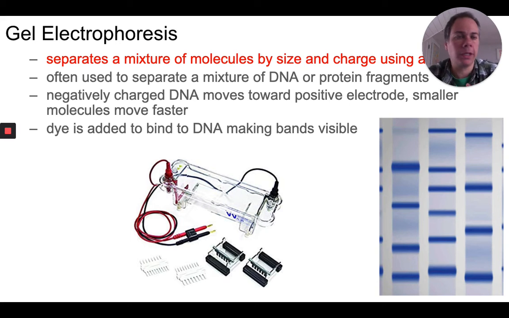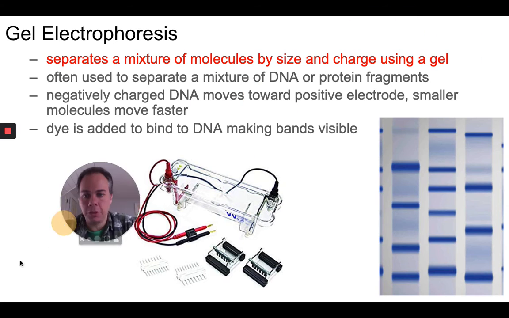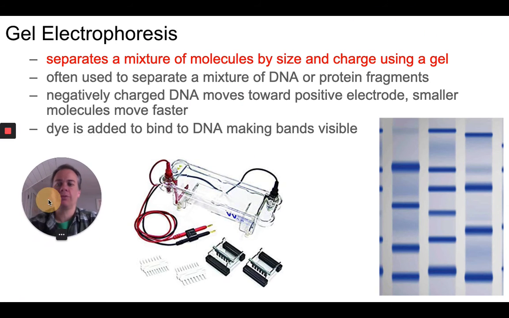One tool, if we were in school, that I would show you and we would do is something called gel electrophoresis. Gel electrophoresis is a way of separating the DNA into groups according to the size of the DNA.